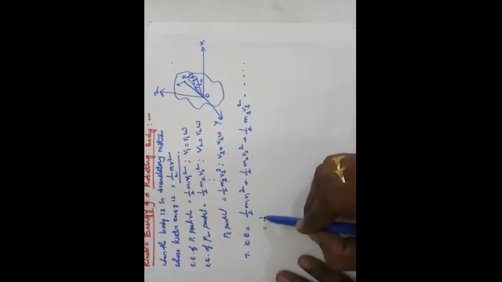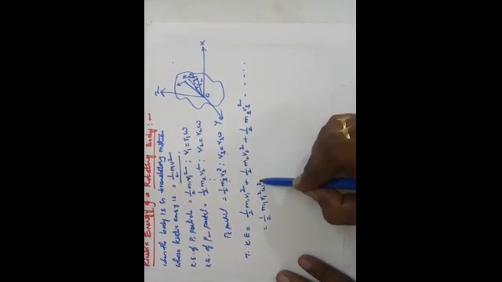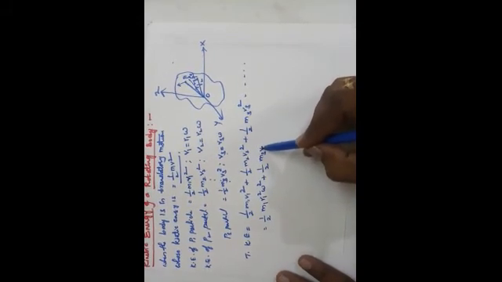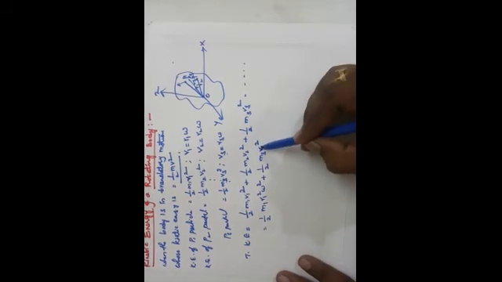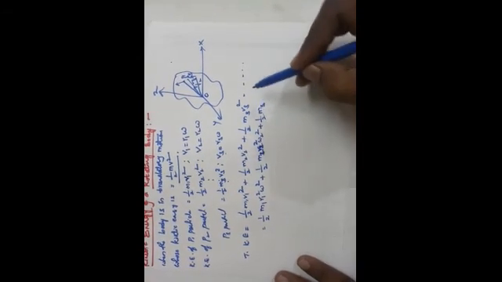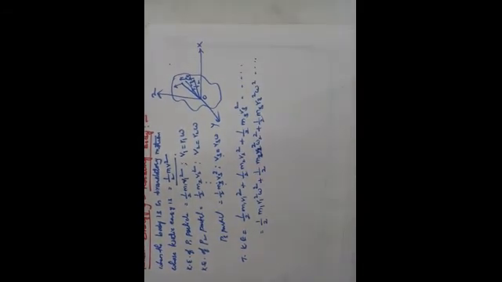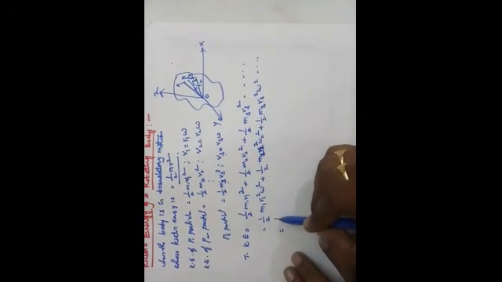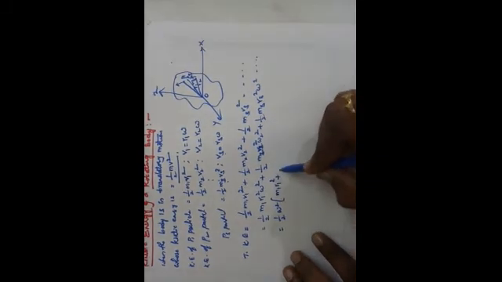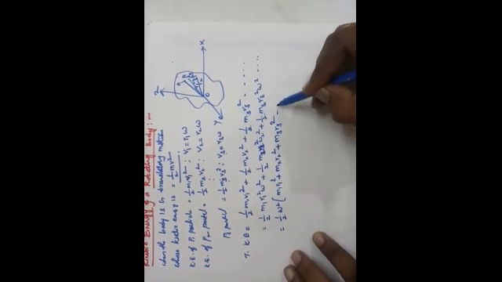So we get half m1 r1 square omega square plus half m2 r2 square omega square plus half m3 r3 square omega square and so on. Taking half omega square common, we get m1 r1 square plus m2 r2 square plus m3 r3 square and so on.